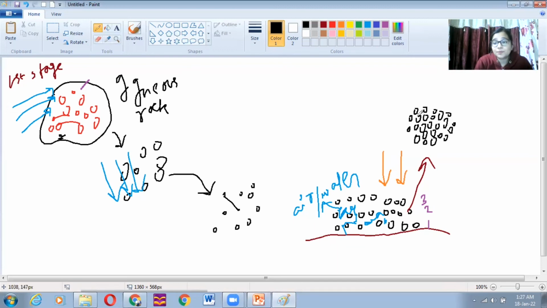So this process where the layers are getting stuck, they are trying to become compact, that process is called compaction. ठीक है. और एक बात है, फॉर एग्जाम्पल अभी भी ये सेडिमेंट्स बिखरा हुआ है कंपैरेटिवली, ठीक है ना.